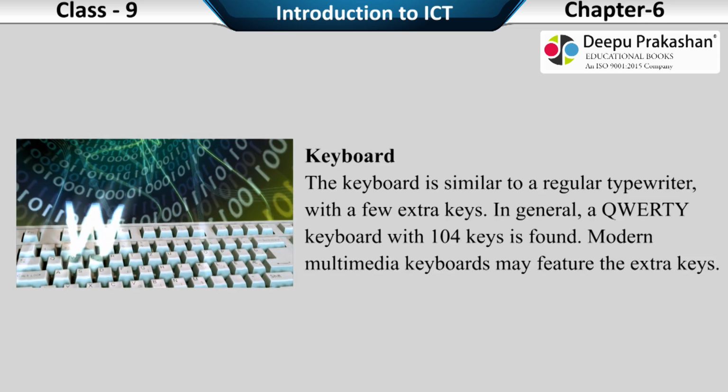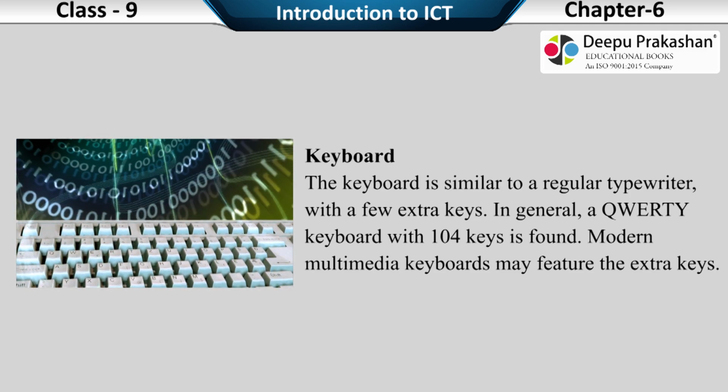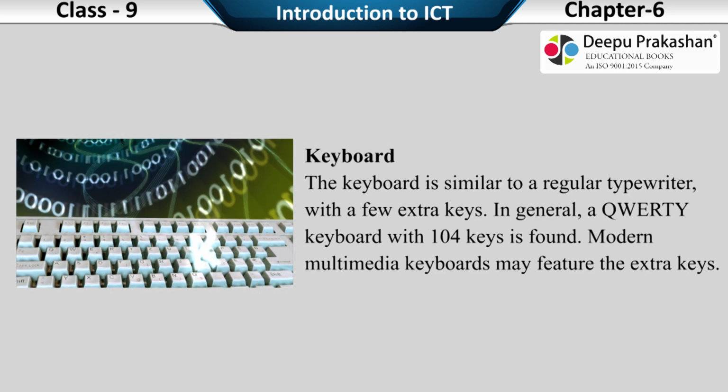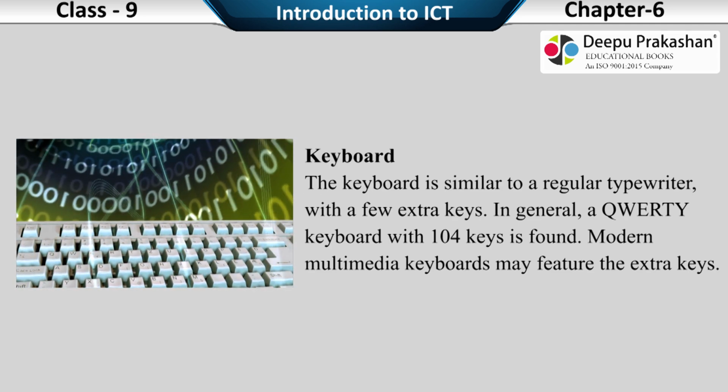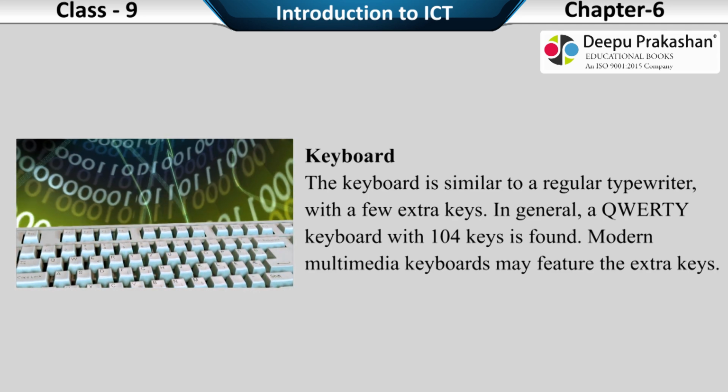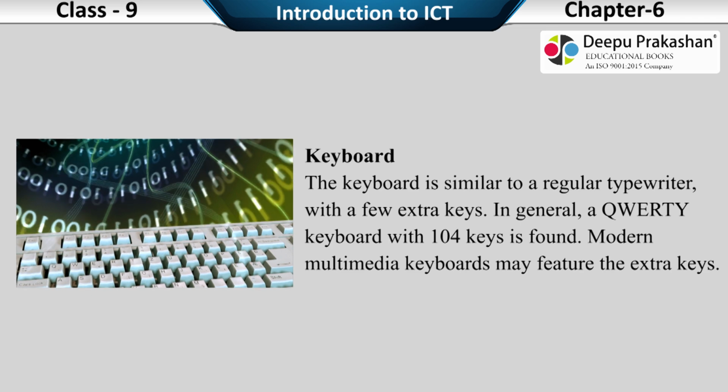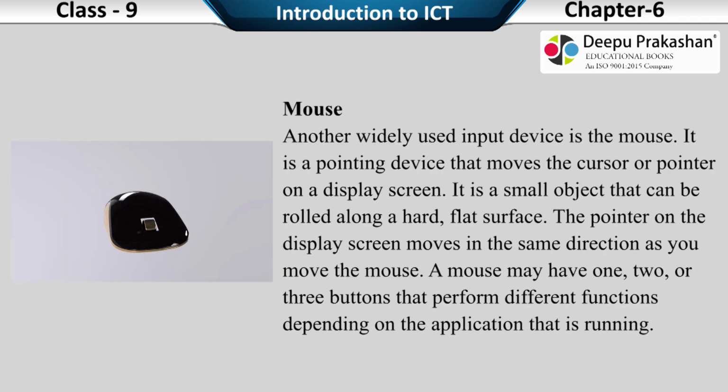Keyboard. The keyboard is similar to a regular typewriter, with a few extra keys. In general, a QWERTY keyboard with 104 keys is found. Modern multimedia keyboards may feature extra keys. Mouse. Another widely used input device is the mouse.